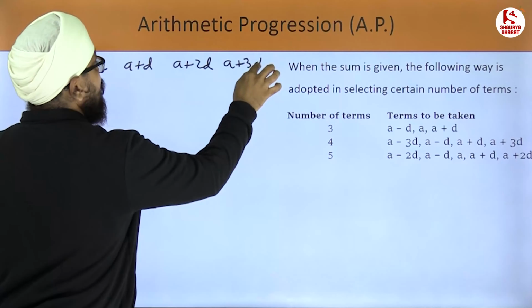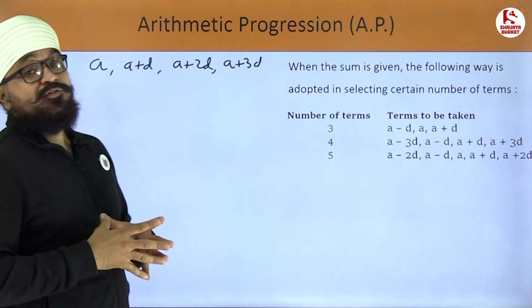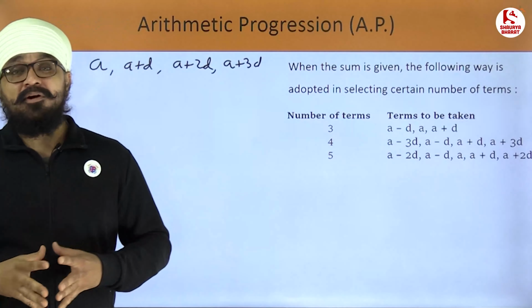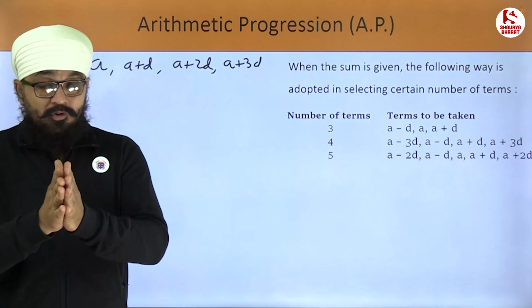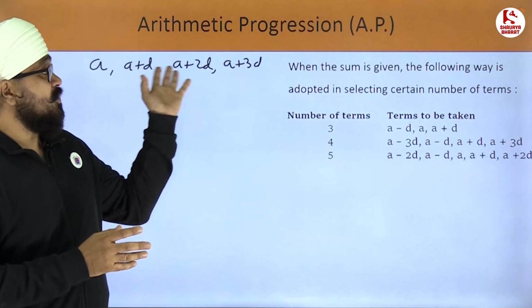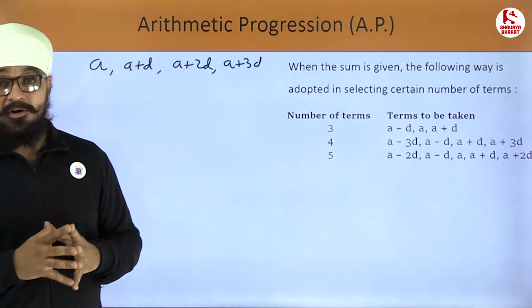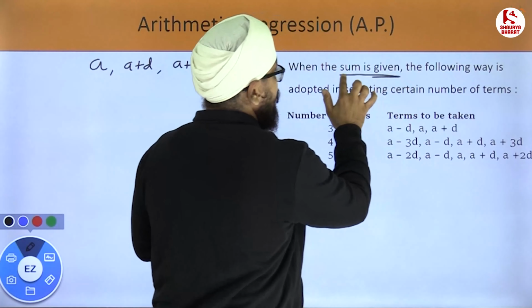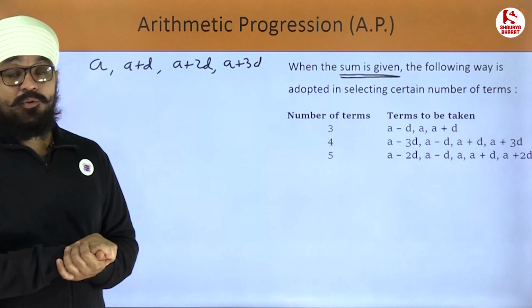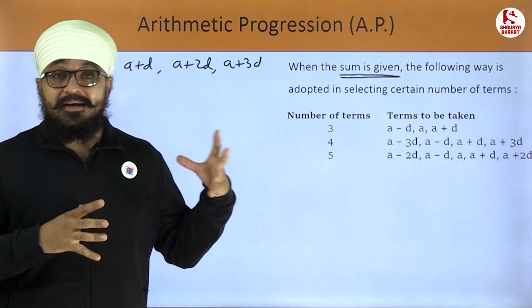So, dear students, this will be the logic in which we take any number of terms for an arithmetic progression. That means, if they say find 4 numbers in arithmetic progression, we have the choice to go with this traditional pattern also. But if the sum is given, just keep this in mind, we will adopt a new method.